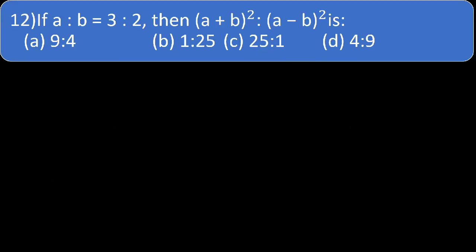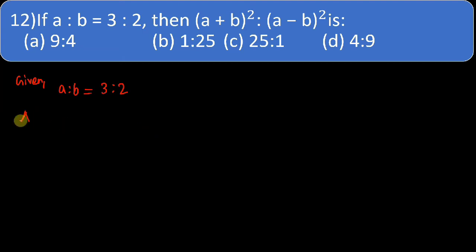Next sum. Here given is a is to b, that is 3 is to 2. This sum can be done in two ways, but I would prefer you all to do it with the help of componendo and dividendo.